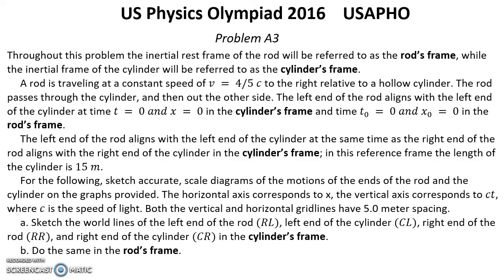Question A. Sketch the world lines of the left end of the rod RL, the left end of the cylinder CL, the right end of the rod RR and the right end of the cylinder CR in the cylinder's frame. Question B. Do the same in the rod's frame.